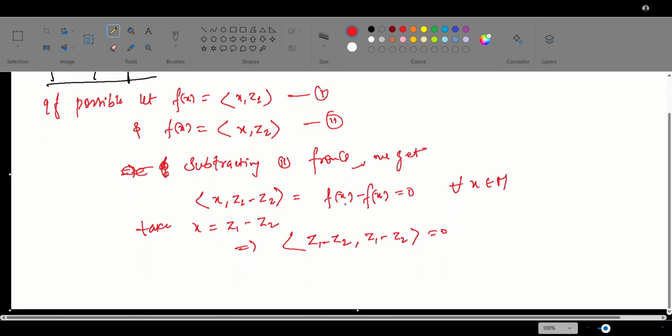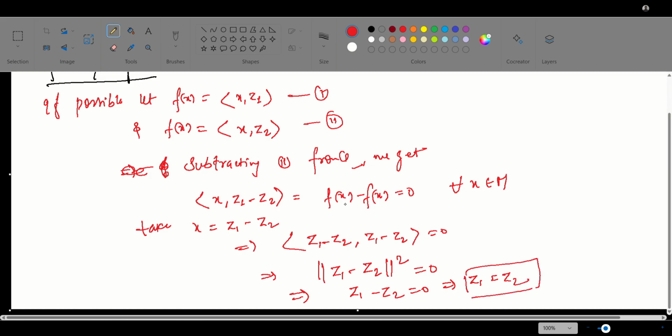And from here we can write that the norm of z1 minus z2, whole square, will be equal to 0, and this implies z1 minus z2 is equal to 0, and this implies z1 is equal to z2.